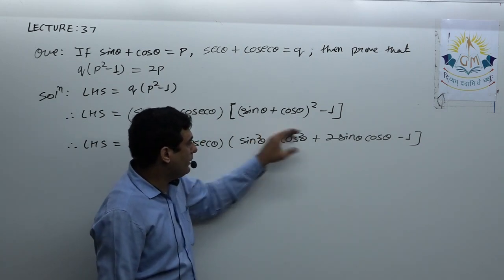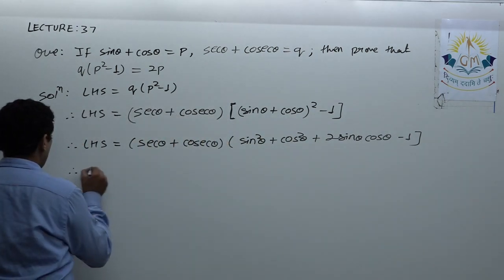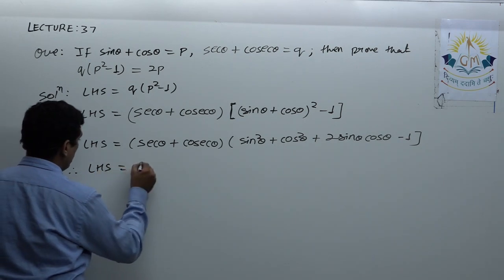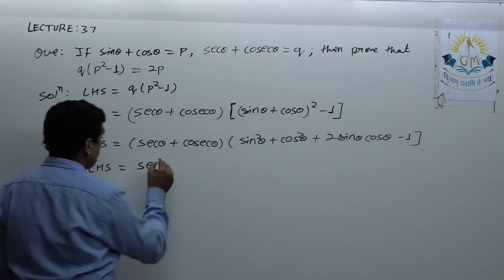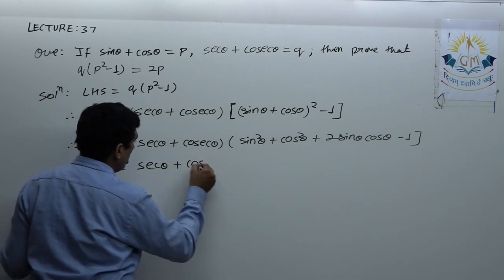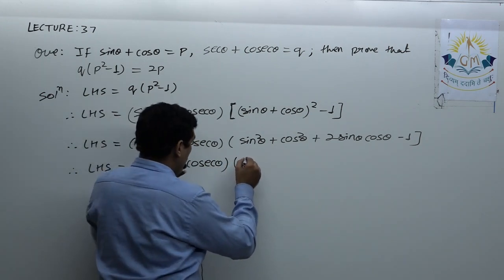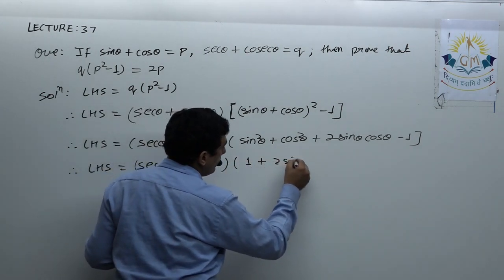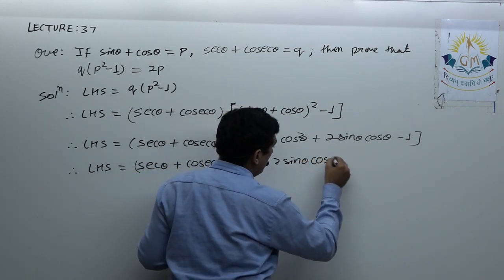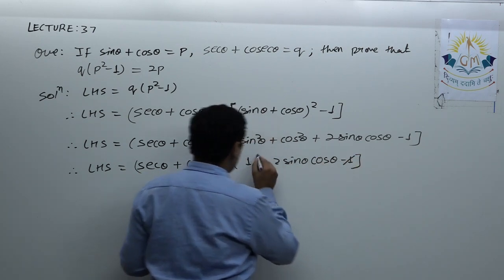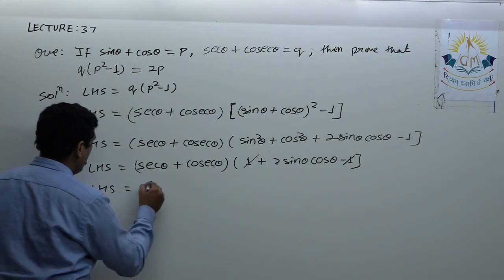So this 1 and this 1 will cancel out each other. So minus 1 plus 1 cancel out. Ultimately here I'll get LHS is equal to sec theta plus cosec theta multiplied by 2 sine theta cos theta.